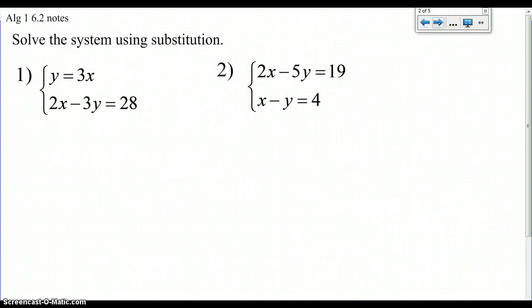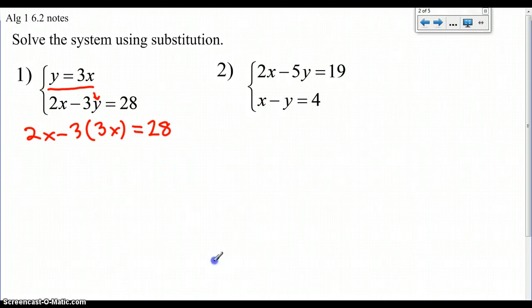All right, let's take a look at this. Number 1 says solve the system by using substitution. Now again, it's laid out pretty nicely for us where we know a value for y is 3x. So I'm going to take that and plug it in right there for y. So 2x minus 3y, but instead of y, I put in 3x, equals 28.